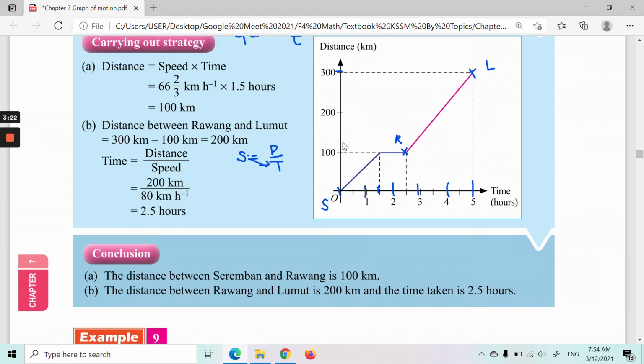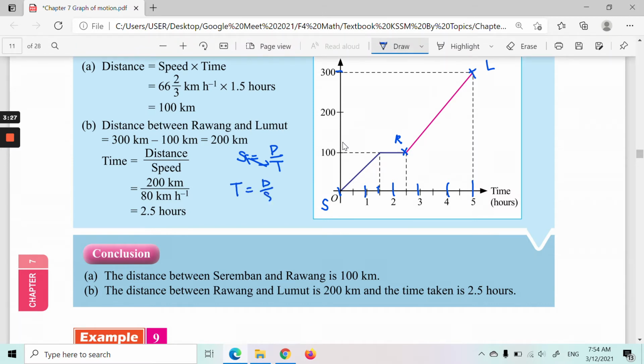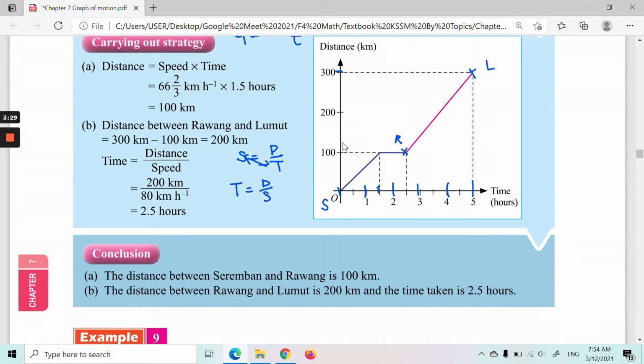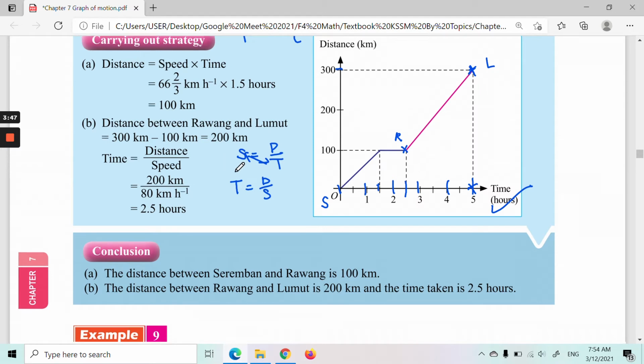These two can exchange position, meaning the time you want to calculate is distance divided by speed. The distance just now is 200, divided by the average speed given, 80, so the remaining time is 2.5 hour. Here is 2.5, plus 2.5 is 5. So you can have this point, connect it. So this is the complete graph that you want.